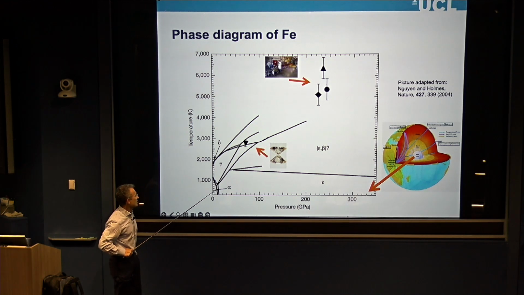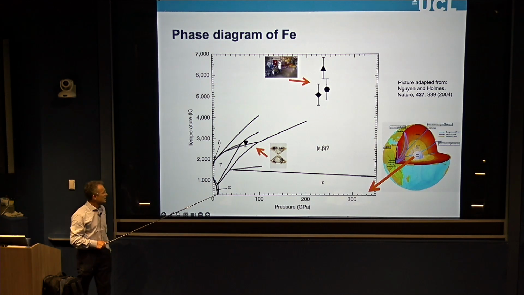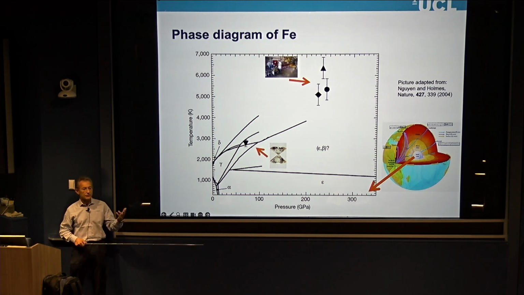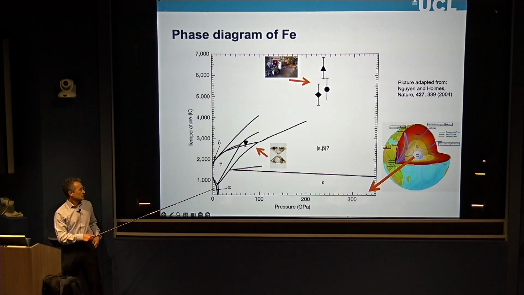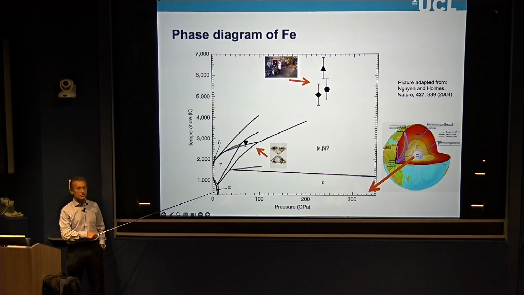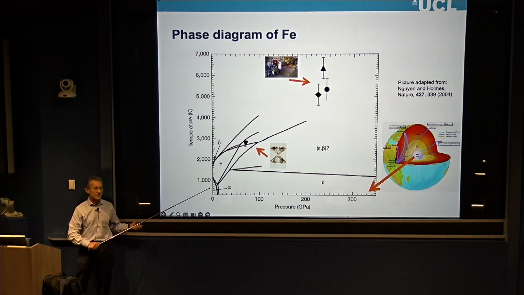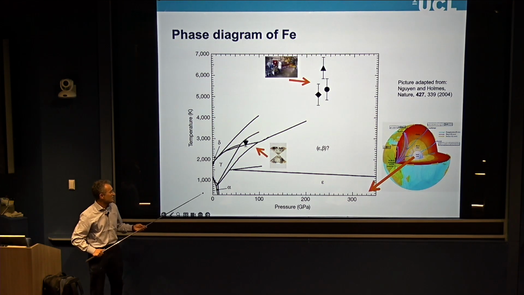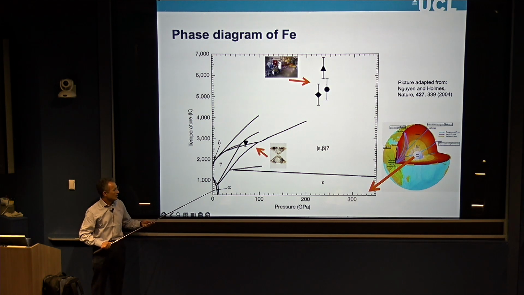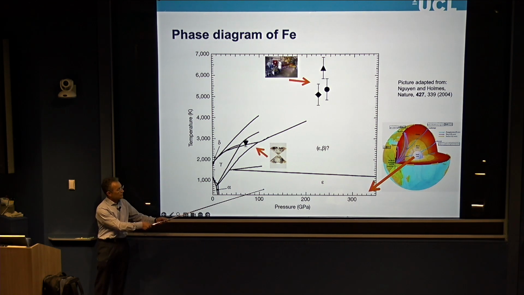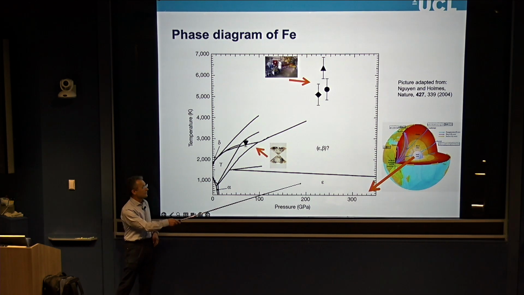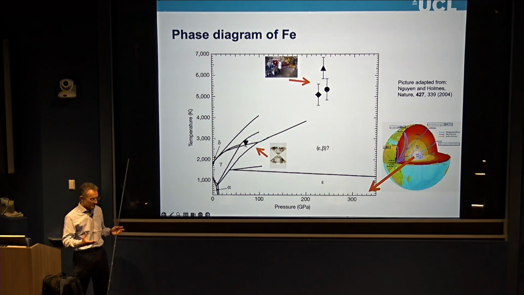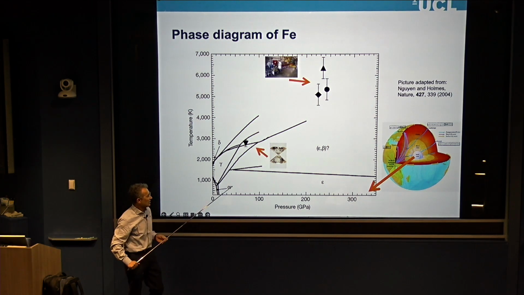On this graph you see various lines. In the low pressure regions, these lines separate different crystal structures. At ambient conditions, you have the alpha phase, the common iron that we find in everyday life. It's a cubic structure. When you compress it, it goes to a different crystal structure, the epsilon phase, a hexagonal structure, like what you see by stacking oranges at the supermarket.